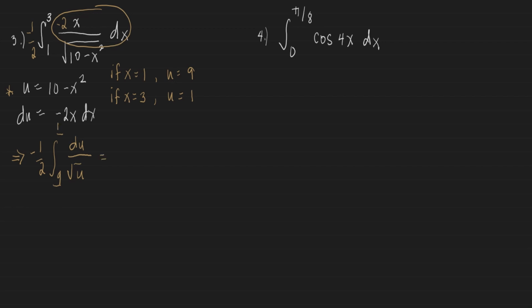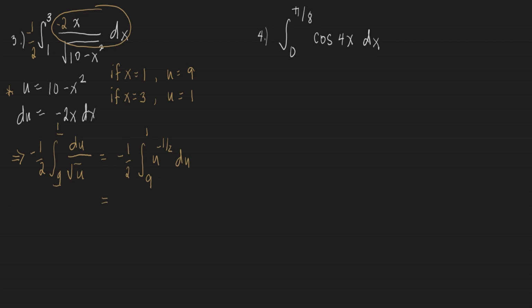So let us try to write this in the power form. So we have negative 1/2 u raised to negative 1/2 du. So our new upper and lower limits of integration are 1 and 9 respectively.